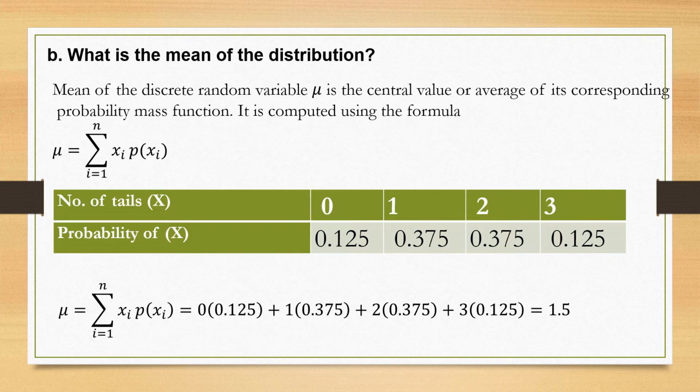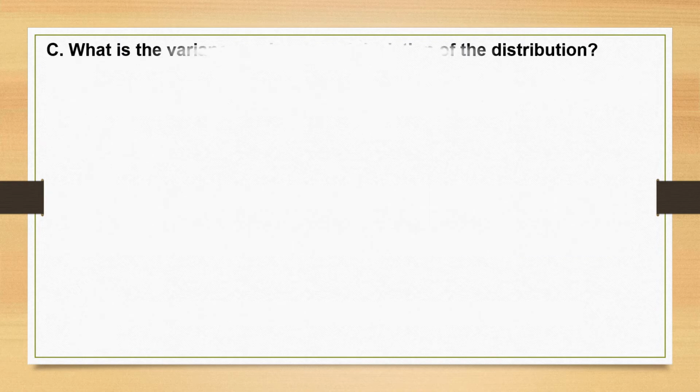The third outcome, we have 2 times 0.375, plus the last one, 3 times 0.125. If we're going to simplify that one, that is corresponding to a value of 1.5. That is for the mean.